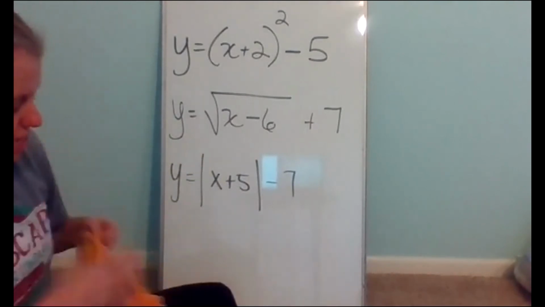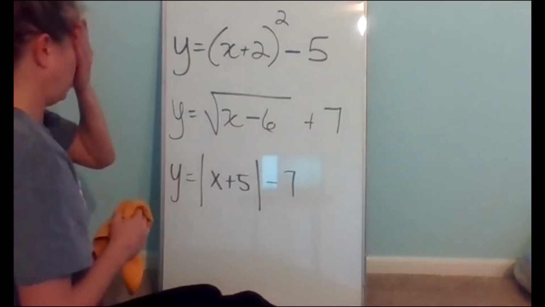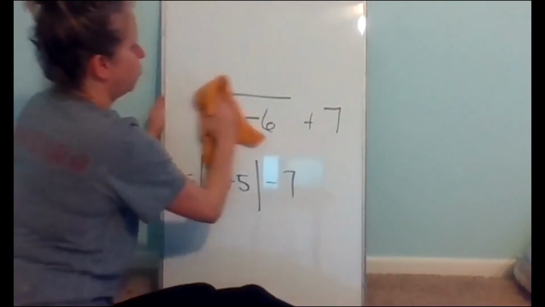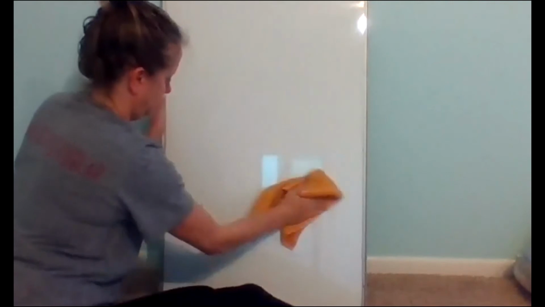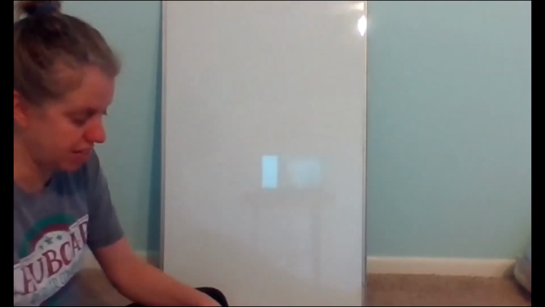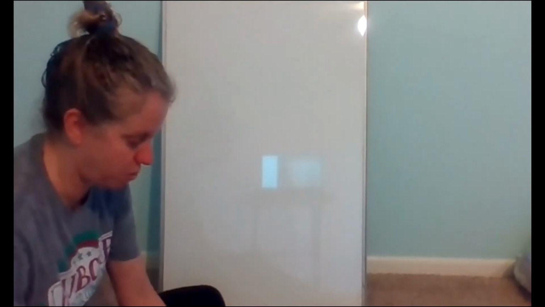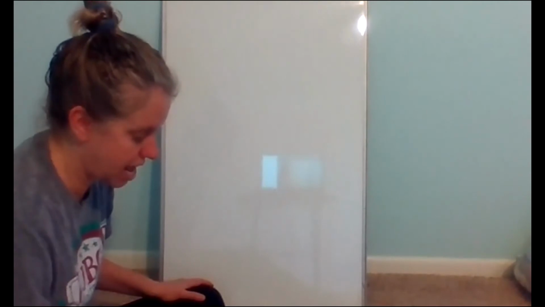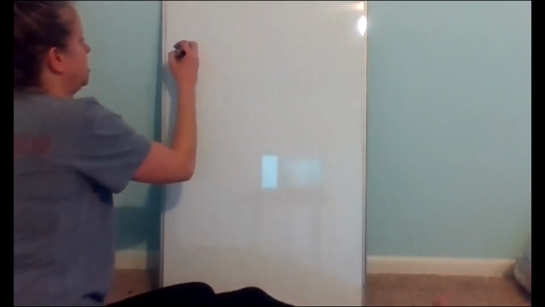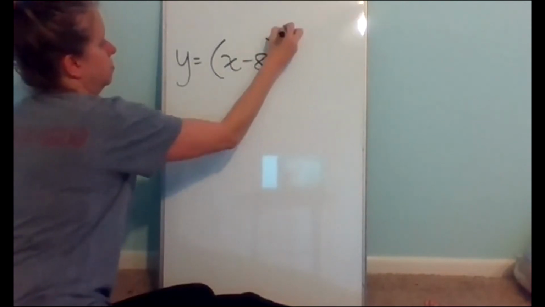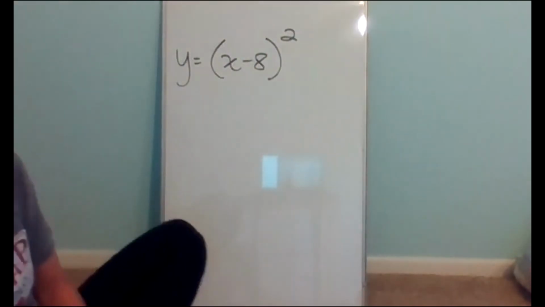Okay, so let's look at some of these. Like number 1. It says, describe how the given function can be obtained from one of the basic graphs, then graph the function. We have y equals (x minus 8) squared.